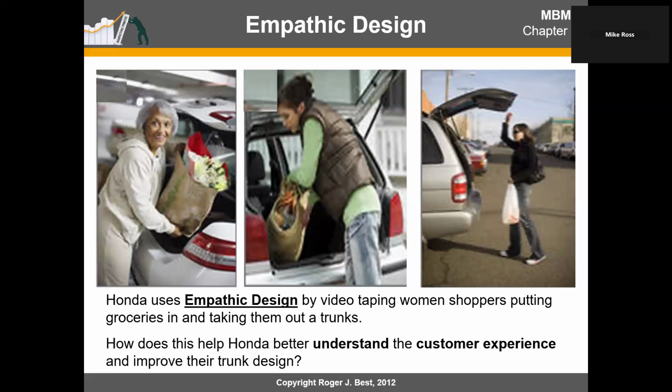You might say, well, I want to be able to load groceries and lawn equipment or tools or whatever it may be, and I want to make sure that the cargo hold is big enough and it's got enough durability that something could bang around in there and it's not going to ruin the interior or what have you.